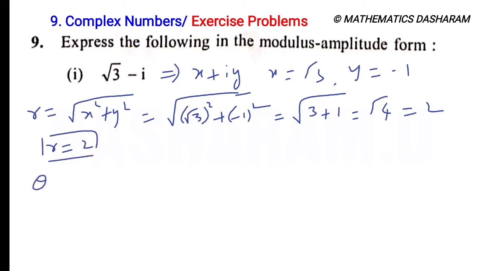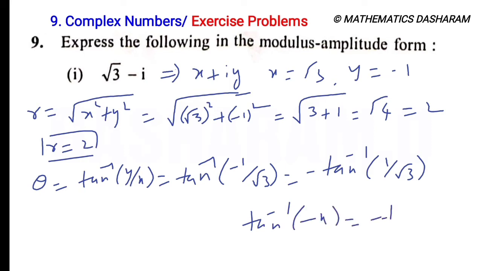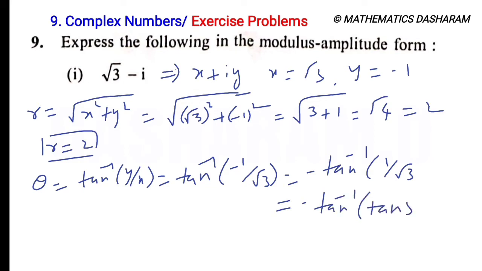Next, theta means amplitude. So that is tan inverse of y by x. So tan inverse of y value minus 1 and x value root 3. Then minus tan inverse of 1 by root 3, because tan inverse of minus x becomes minus tan inverse x. So minus tan inverse 1 by root 3 means tan 30 degrees.